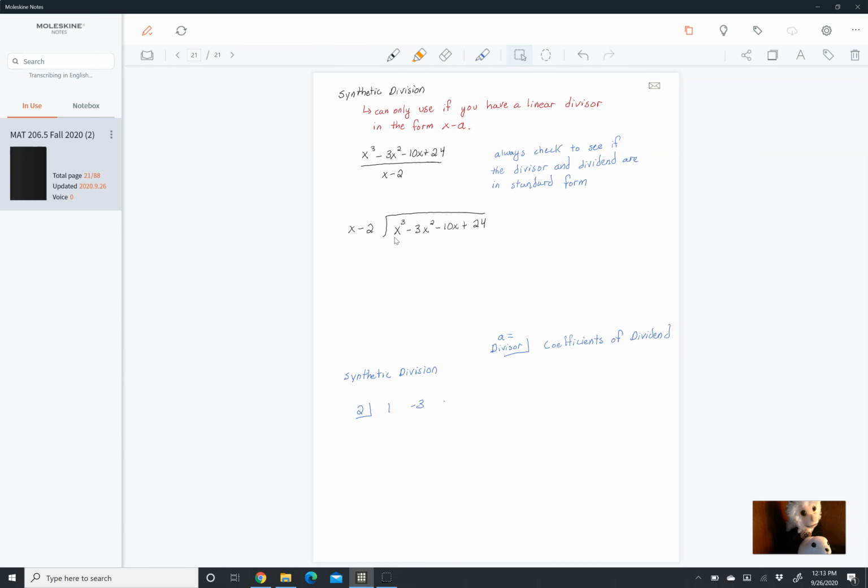Coefficient of negative 10x is negative 10. And the coefficient of 24, x to the 0, is 24. Okay. Now, I told you that synthetic division has 3 rows, so just so you know, the second row is going to represent all of the intermediary work.